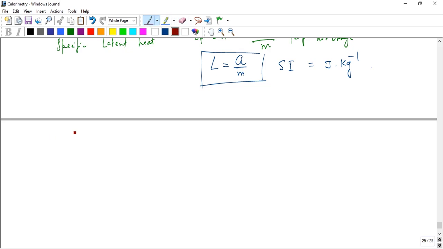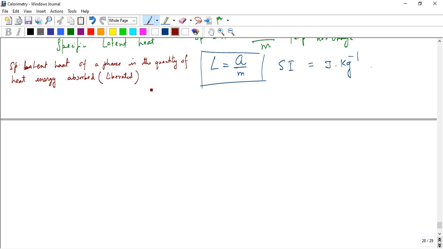Now the definition of specific latent heat. The specific latent heat of a substance is the quantity of heat energy absorbed or liberated by the unit mass of the substance for changing phase at a constant temperature.